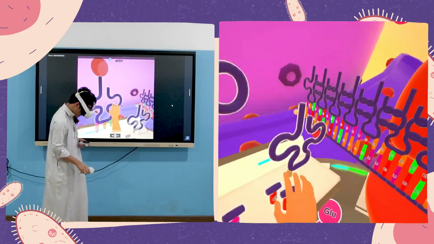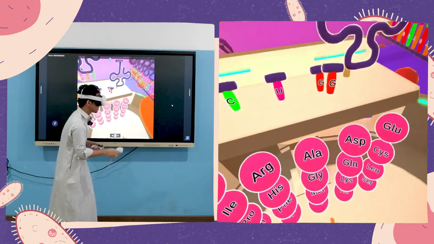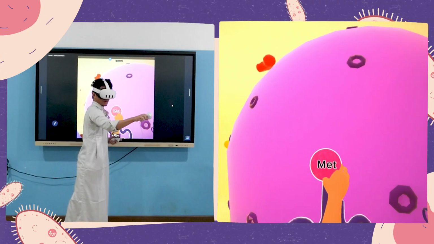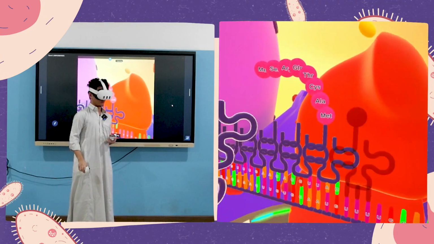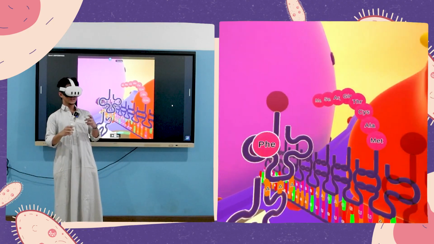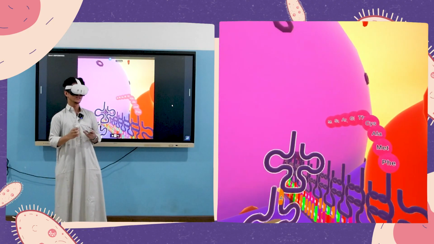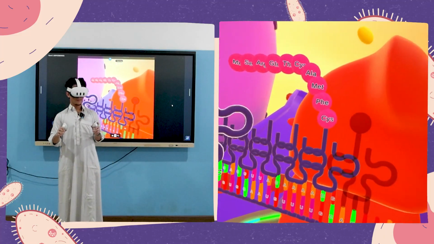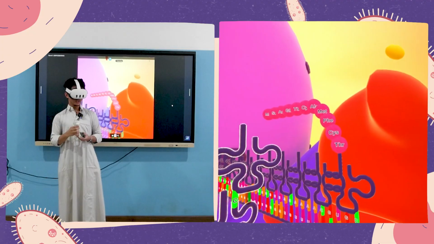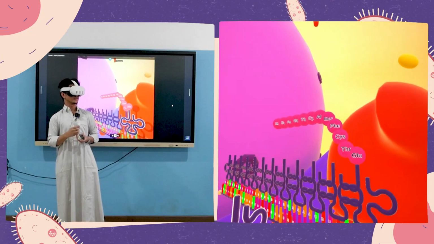And methionine. Okay. This is it. Now we've completed the translation process. Now we have the entire sequence complete, and the ribosome is actually synthesizing the protein right now.